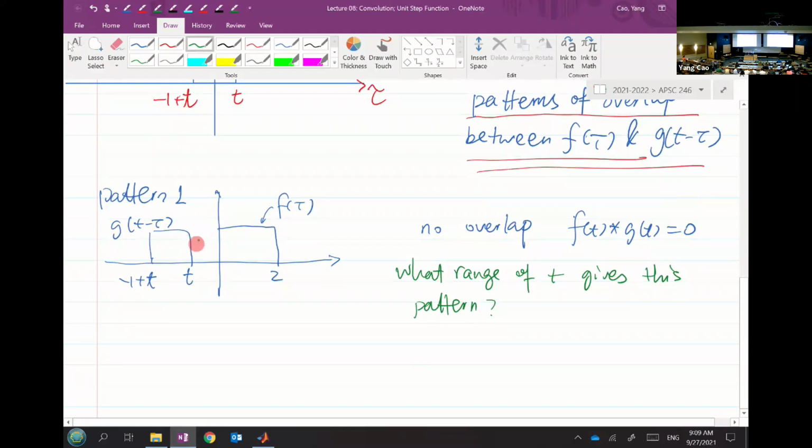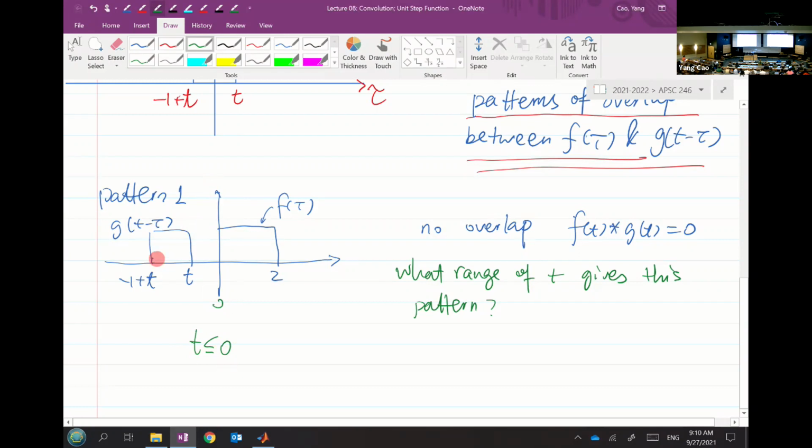So then you look at this one. Basically, what value of t ensures that this box will never overlap with this f of tau? And of course, as we said, it's always on the left side of this 0 value here, meaning this edge t has to be always less than 0. As long as this edge is less than 0, then the other edge is definitely also on the left side.